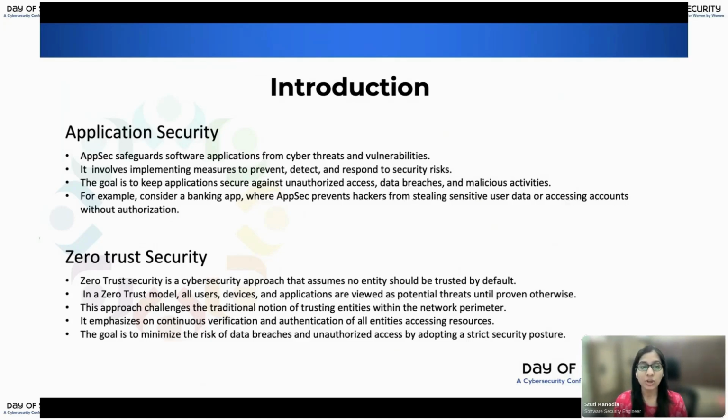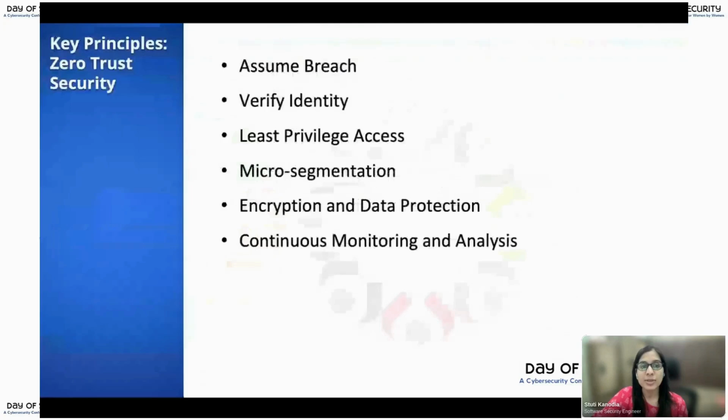Zero trust security challenges our traditional approach of trusting entities within the network perimeter. So that is what zero trust security is. I hope I am able to help you understand what application security and zero trust security are. Let's proceed with the key principles involved in zero trust security.